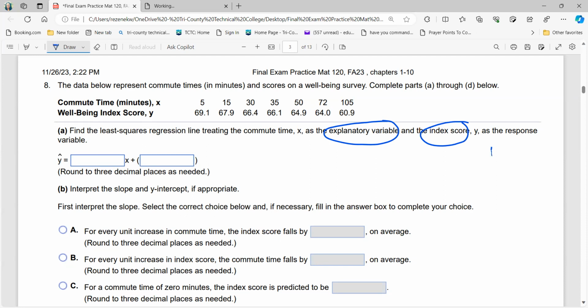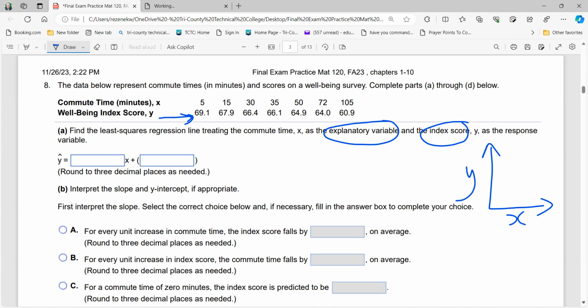If I draw an L graph in the first quadrant, X is the explanatory variable and Y is the response variable. Remember that Y is the predicted and X is the given.